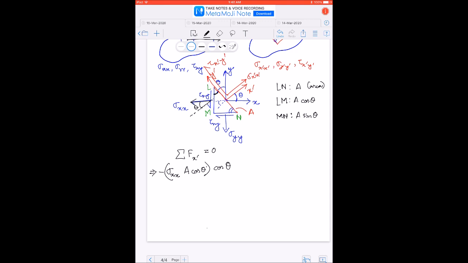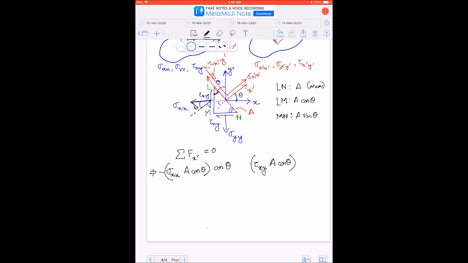Next, again considering the face LM, we have the contribution from tau xy. So without writing minus or plus, first write down the force due to tau xy, which will be multiplied with A cos theta because it is along LM. And we have to take the component of this force which is acting along the negative y direction.